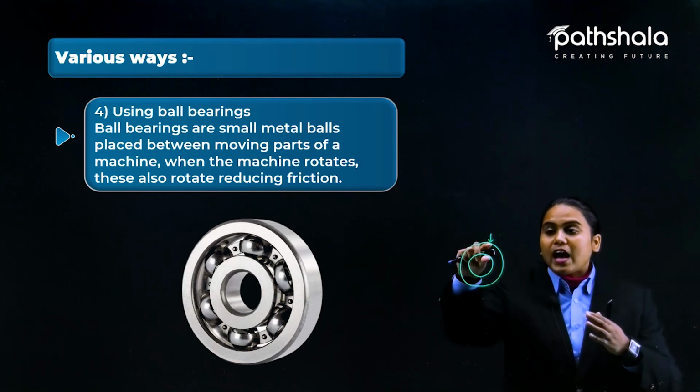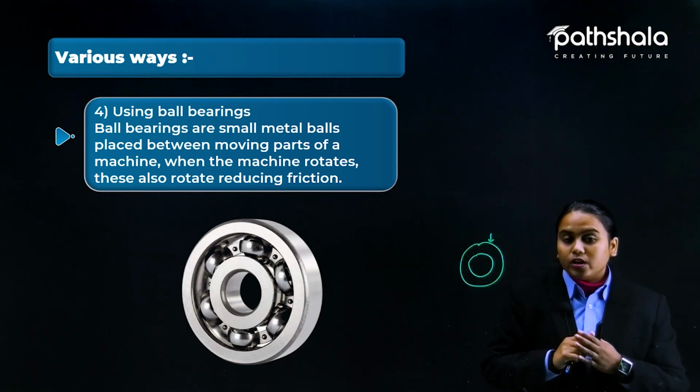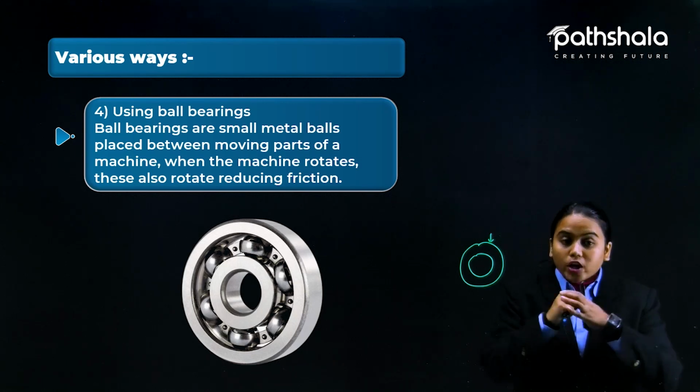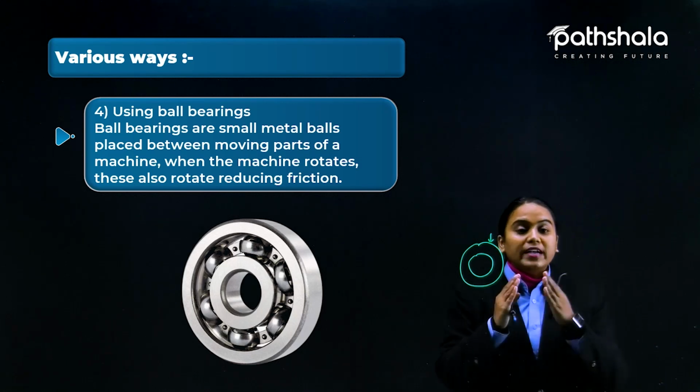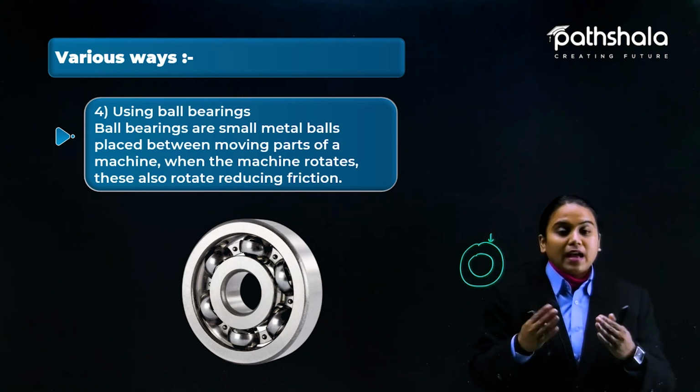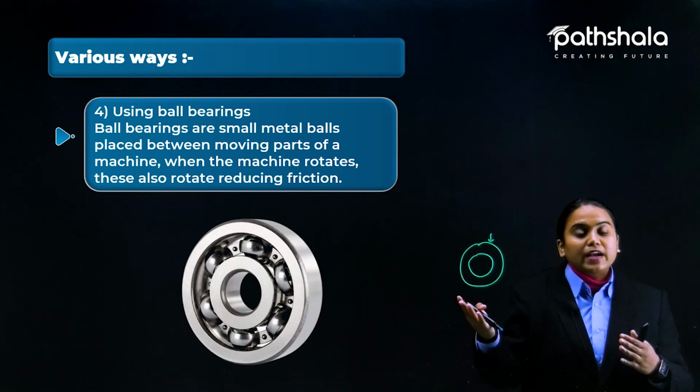Now if they are directly in contact with each other, they will have a lot of friction because lots of contact would be there, and that friction will heat up, and ultimately it may catch fire.